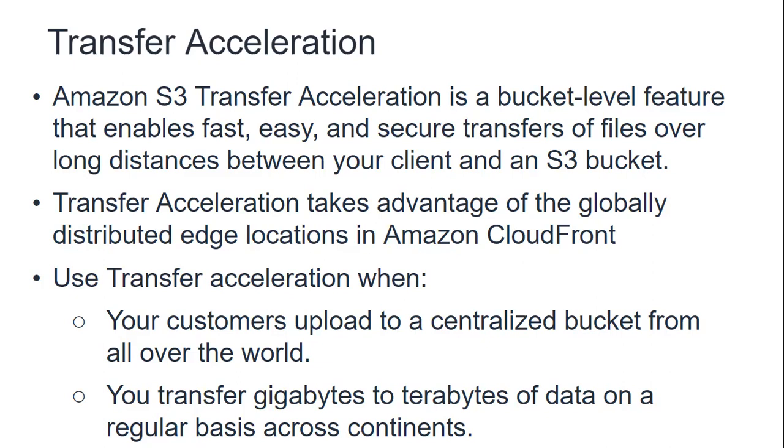So it's faster. The latency is also lower because the edge location is closer to you. So what you have to do is get the file to the edge location, and then it's transported internally in Amazon's network.